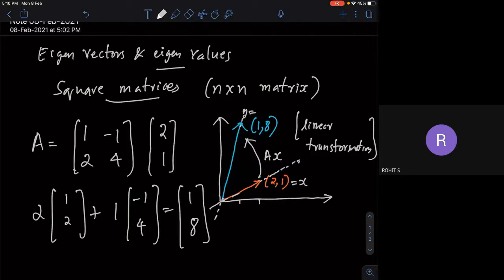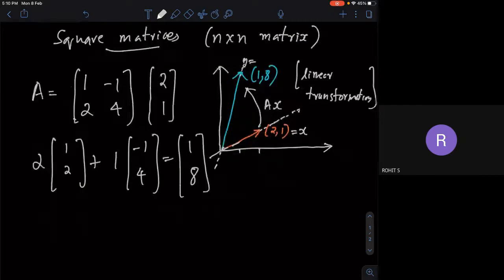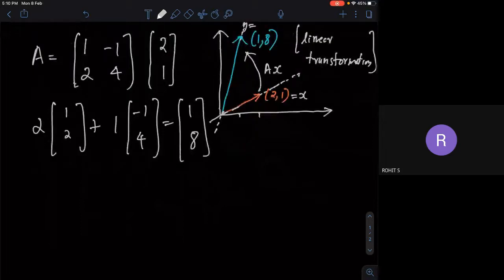But what are we interested in? We are interested in that particular vector whose direction is not changed after multiplication with A. That's what I'm interested in. So let's look at this vector.